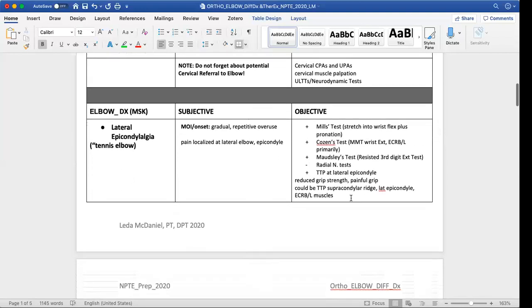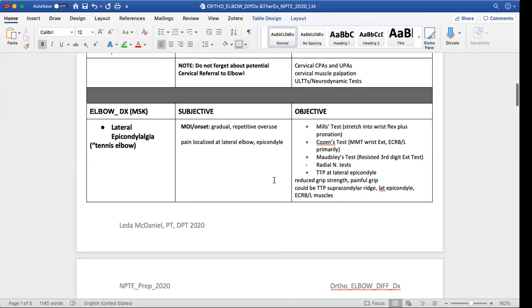The other thing I wanted to note is to remember that since we're in the upper extremity, there could be potential referral pain to the elbow from the cervical spine. So instead of a tissue at the elbow being the cause of symptoms, we could have symptoms that are generated from the neck that refer down to the elbow.